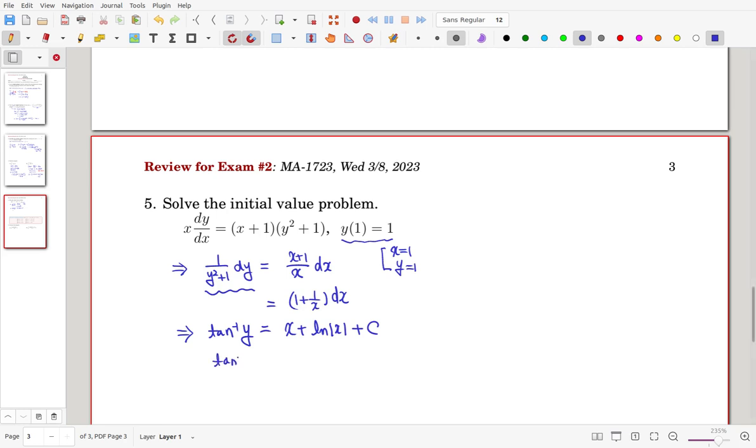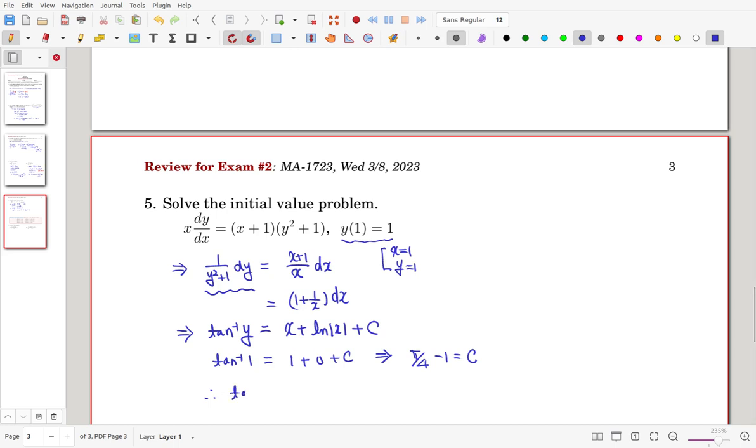So arctangent of 1 equals 1 plus, now that is 0, plus c. Arctangent of 1 is pi over 4, so pi over 4 minus 1 equals c. So we can finalize the solution.